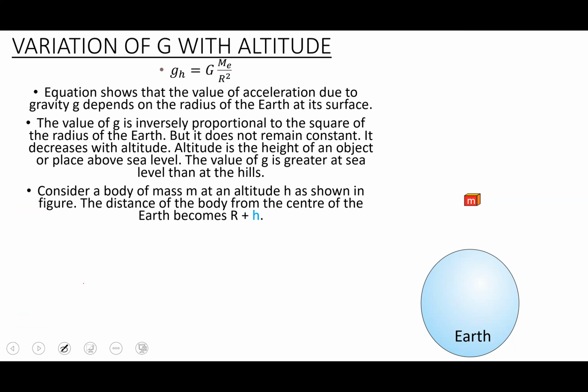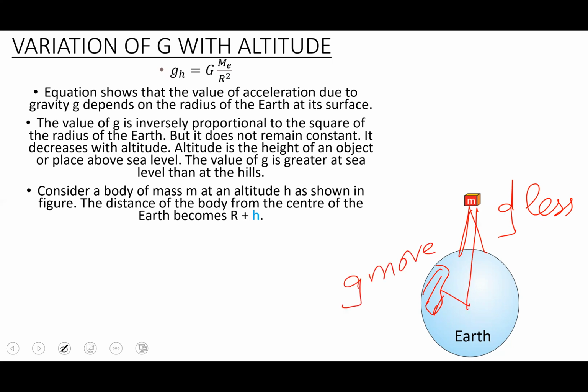So for a height, let's say mountains over here, the value of g will be less. If we draw an ocean over here, the value of g will be more in this case, as the radius is less.